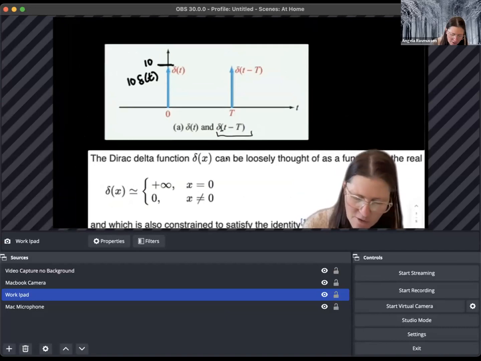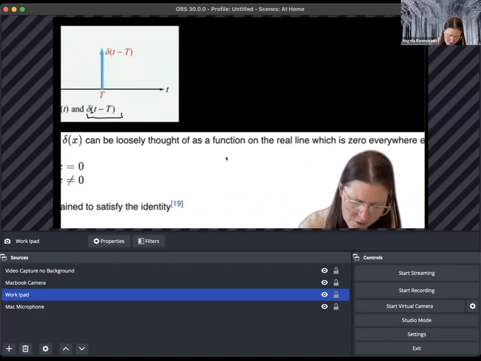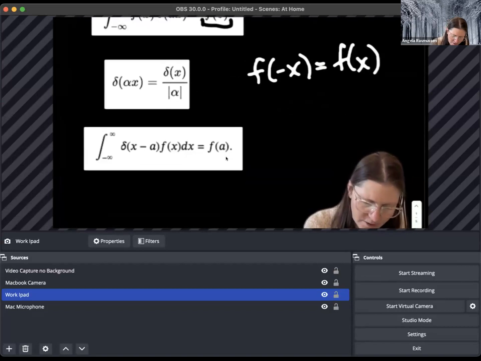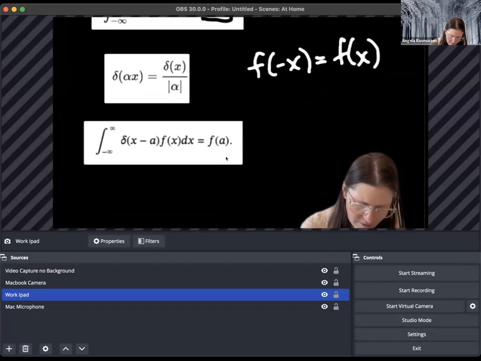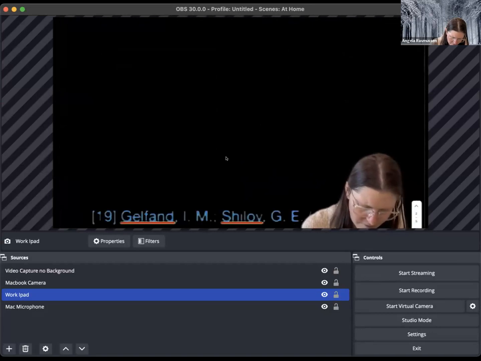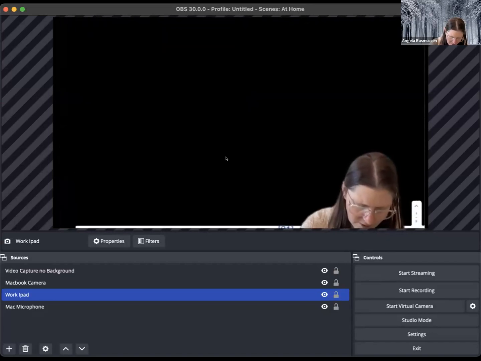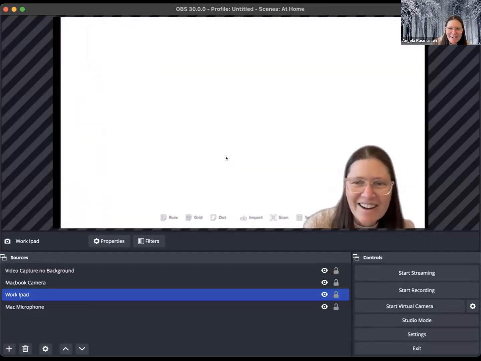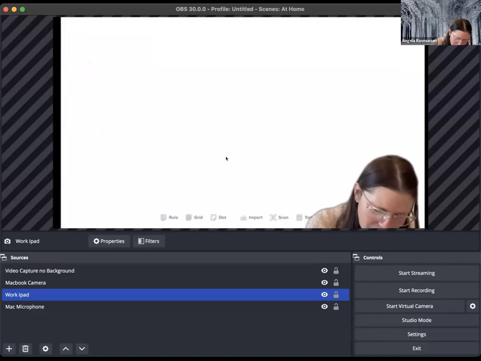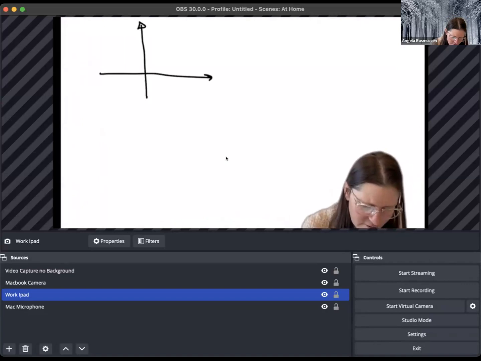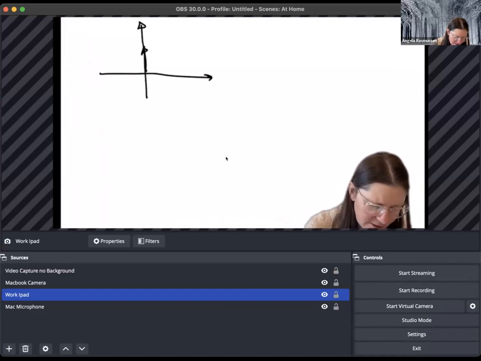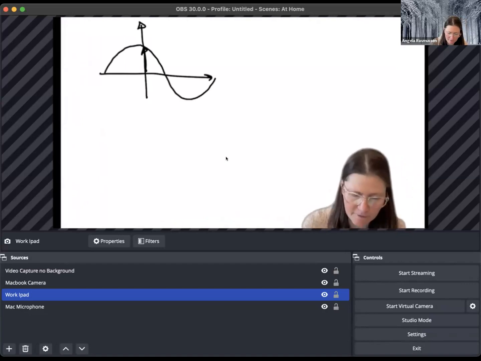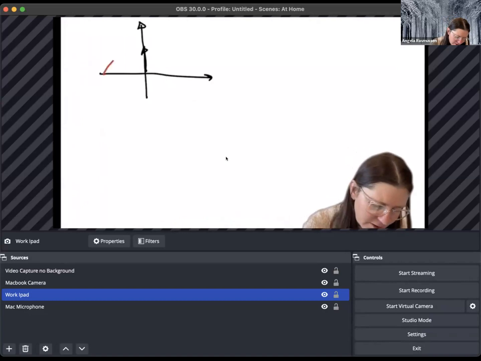Okay. So I think, this spot here. Let me open up another window. There we go. Now I can write on it. Okay, so you have a delta function. And say I have an f of x, let me do these in different colors.